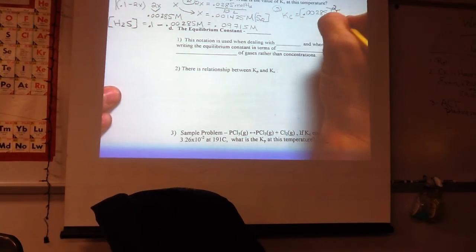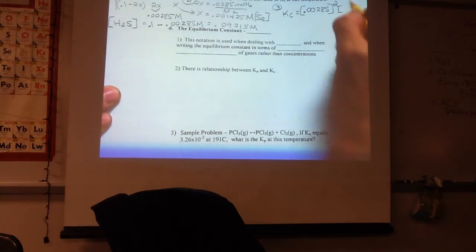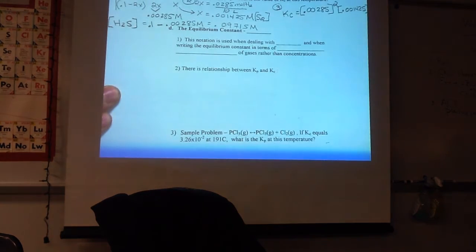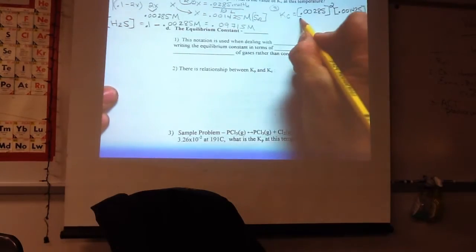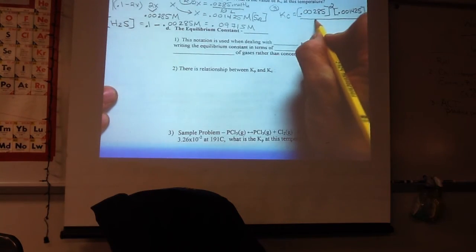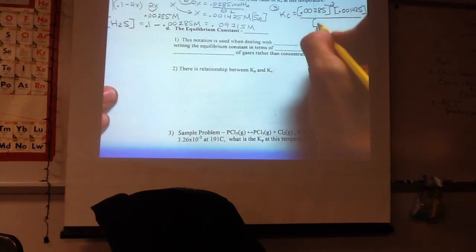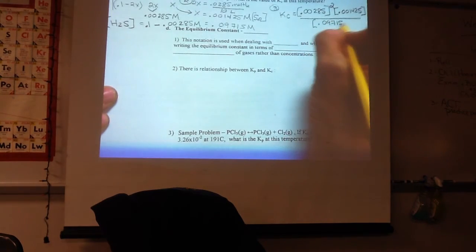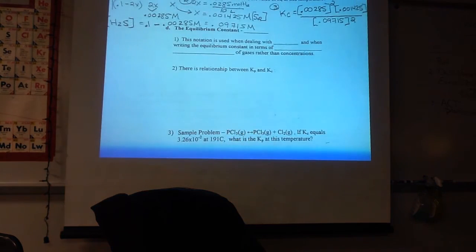We multiply that by the equilibrium concentration of the sulfur, 0.001425, raised to the first power because it's 1 mole. Products over the reactant, we have 1 reactant, hydrogen sulfide at equilibrium, which is 0.09715 molar. This has to also be squared.